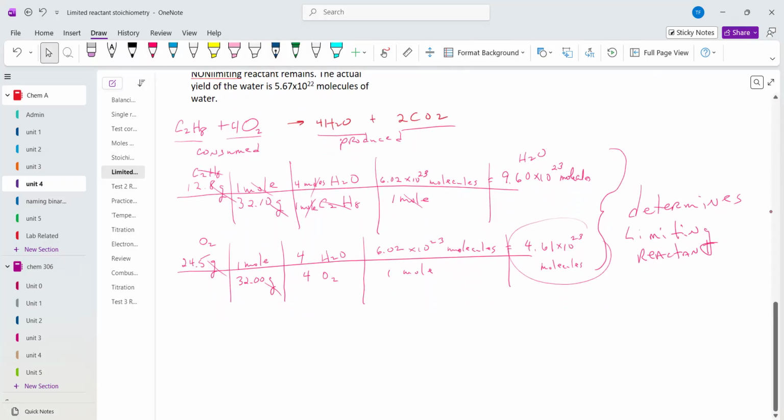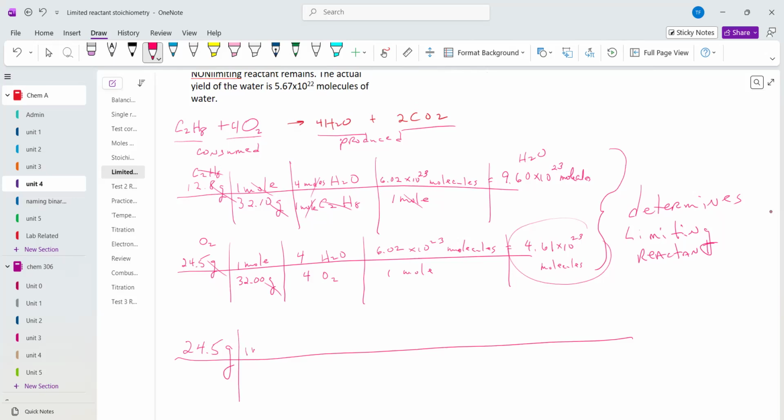So now we have to determine how much of the ethane we used. So we're going to start with the limiting reactant.